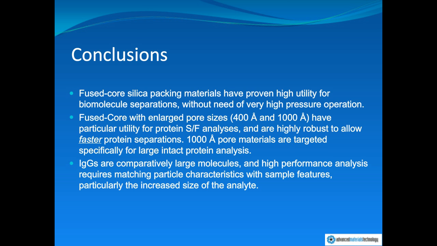The enlarged pore size superficially porous particles of 400 angstrom and 1000 angstrom are particularly useful for protein structure function analysis. And they are sufficiently robust that we can take them up to high flow rates or high back pressures if you really want to, in order to speed your separation or in order to put multiple columns or longer columns in series to maximize your resolution.